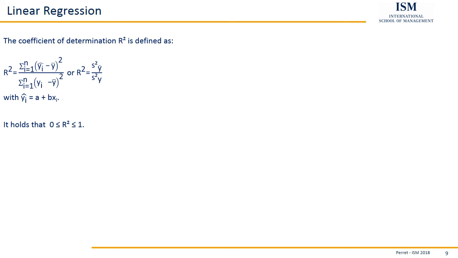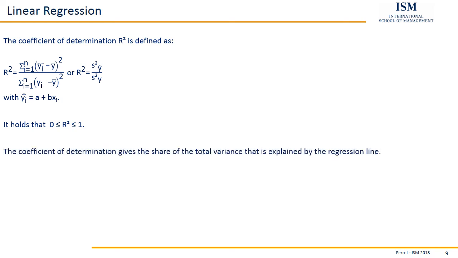It's a little bit more complicated if we have more than one x, more than one independent variable, but the general idea that the R squared gives the share of variance of y which is explained via the regression line always holds true. That's what's summarized in this line here. The coefficient of determination gives the share of the total variance that is explained by the regression line.